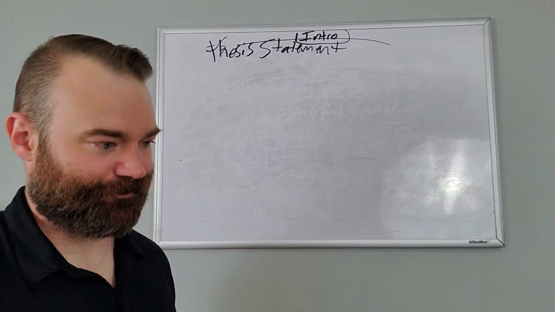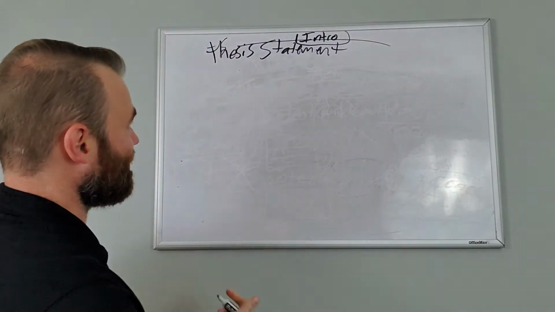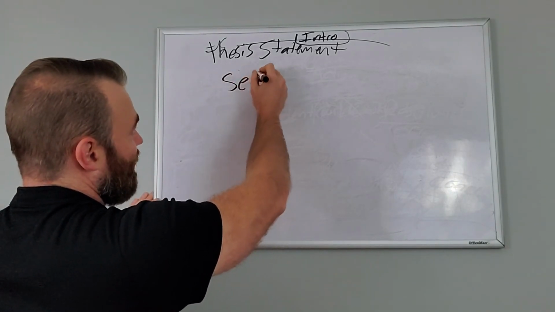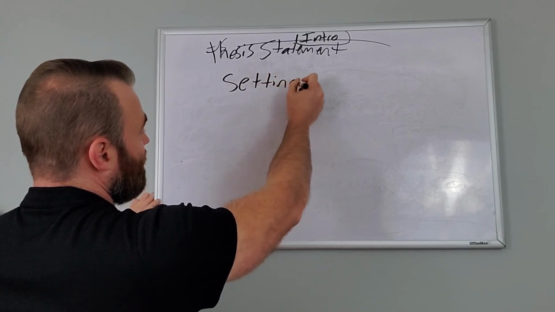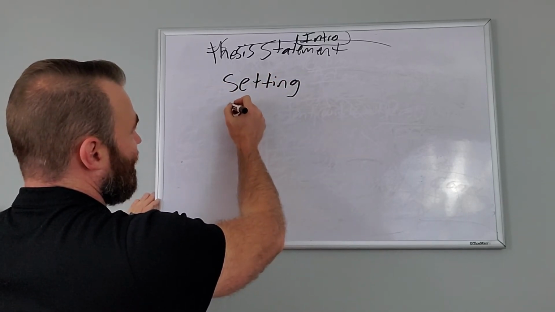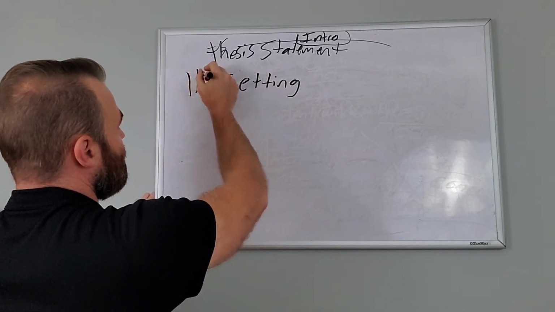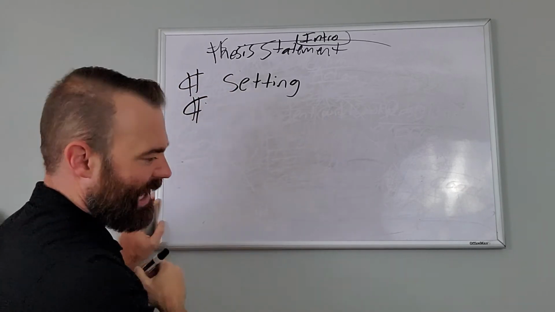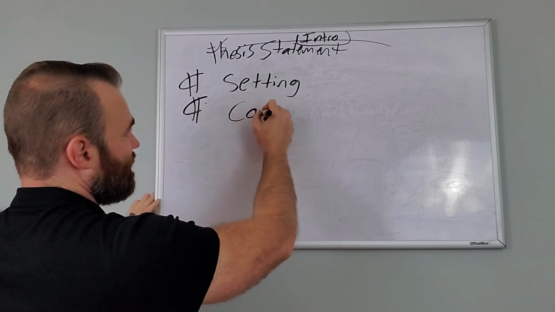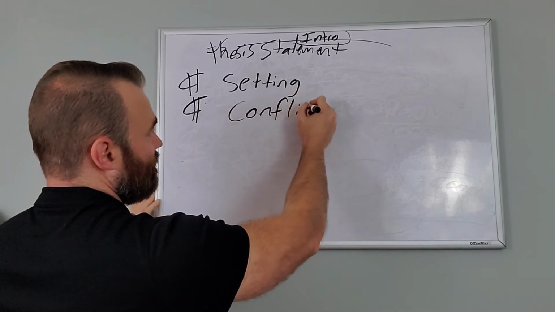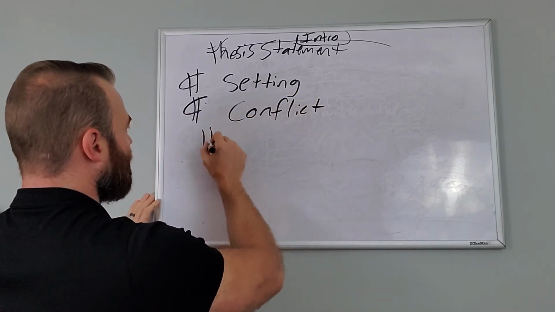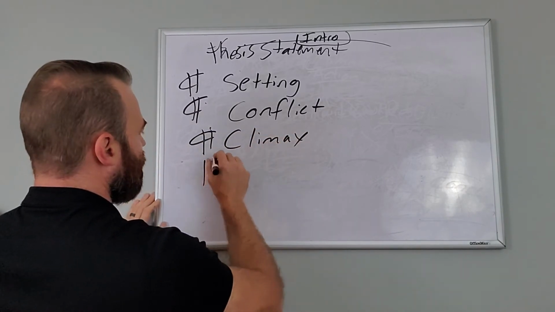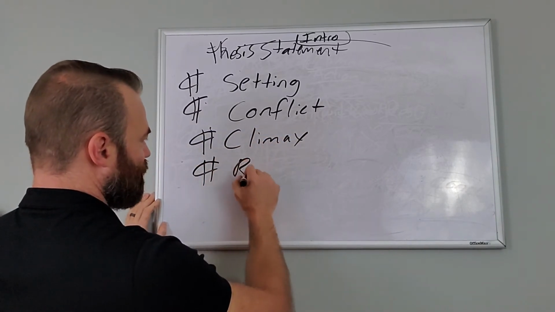So, having said that, we know that we're going to need to have a paragraph for setting. Okay? We're going to have a paragraph, so I'll just do this whole teacher thing. All right? So we're going to have a paragraph for conflict. We're going to have a paragraph for climax. We'll have to have a paragraph for resolution.